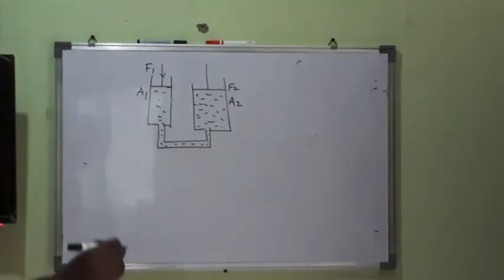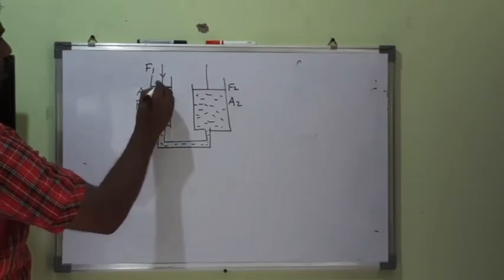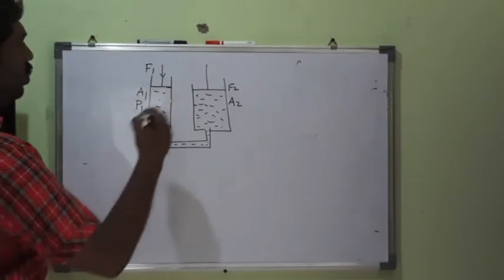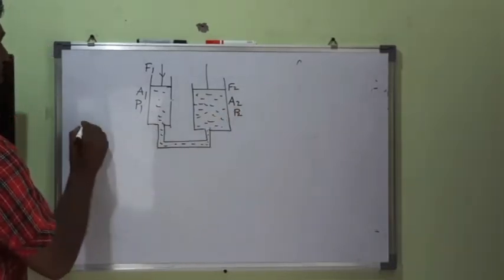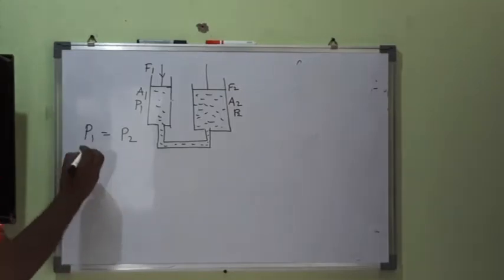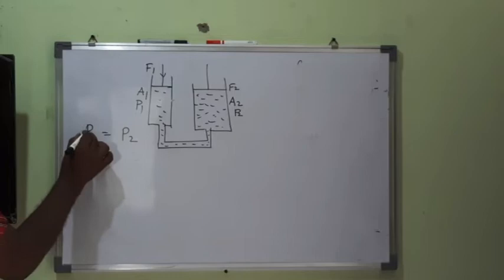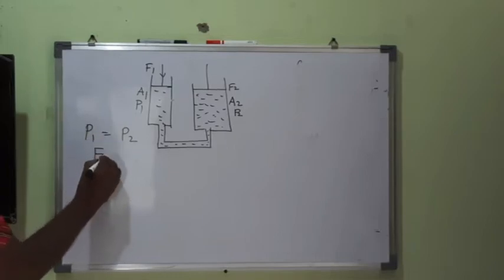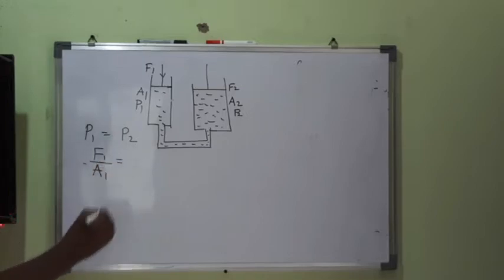According to Pascal's law, the pressure on the first piston is equal to the pressure on the second piston. So we can write P1 is equal to P2. Pressure P is equal to force by area. So instead of P1, pressure on the first one is equal to F1 by A1, force by area of cross section.